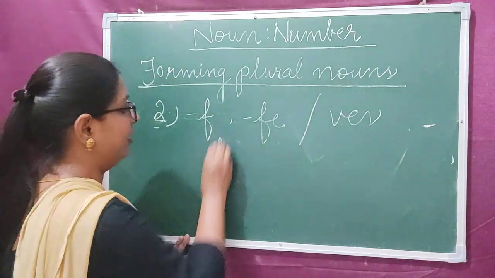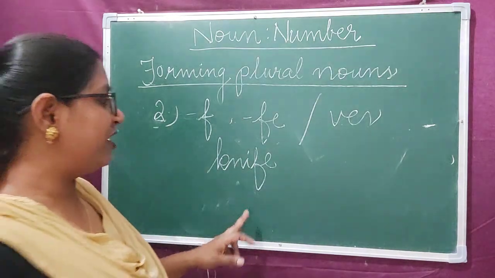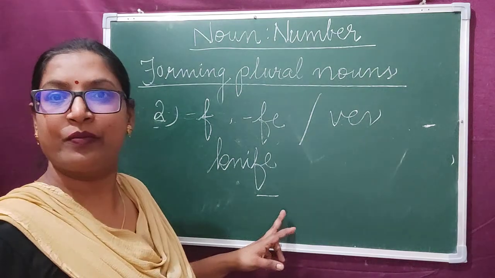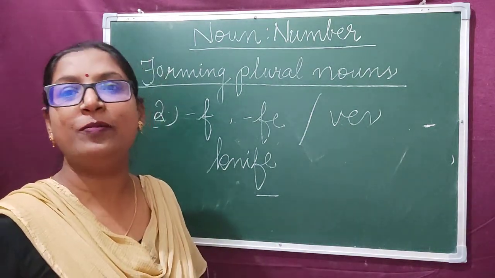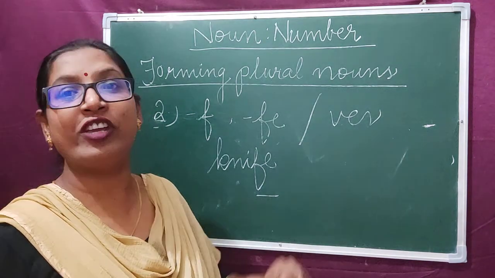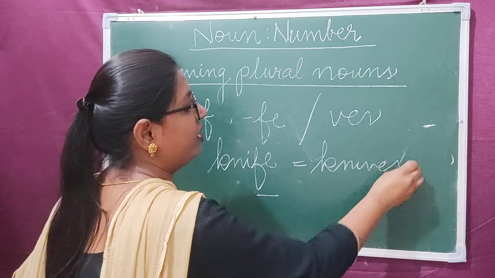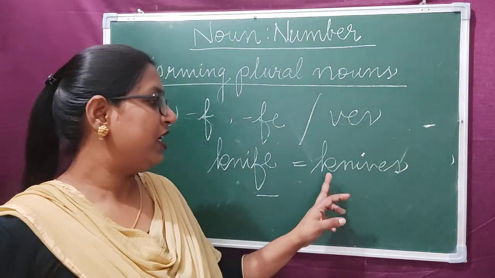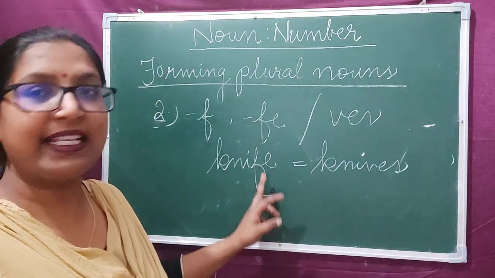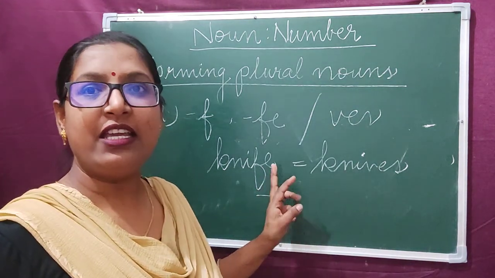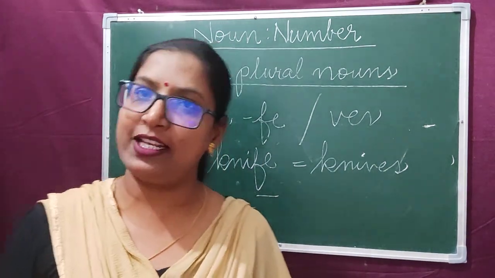For example, knife. It is ending with fe. Clear? So fe will be dropped and changed into ves. K-N-I-V-E-S. Knives. We can see here the last letters F-E are dropped and instead of that we have used V-E-S.